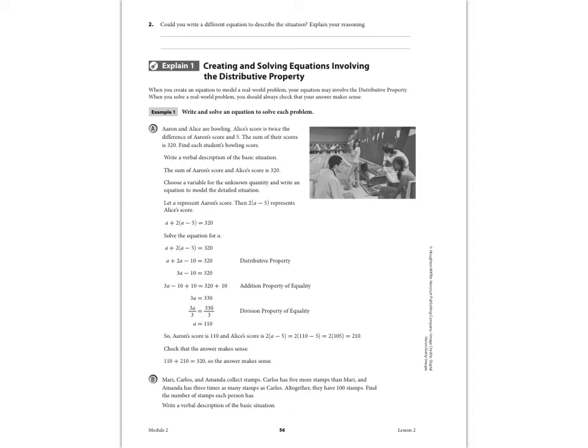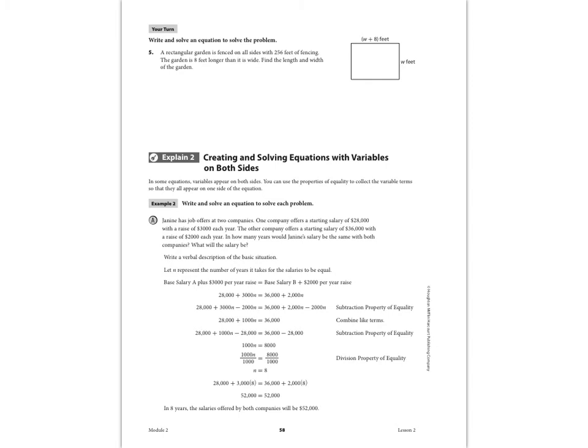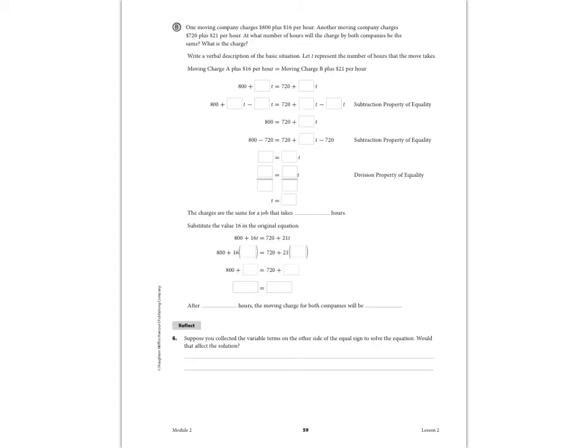So again, a good thing to do would be to look at these examples that they give you here, especially for some of the terms. We're just going to do some of the homework problems again to emphasize this. Here's a great example of when you solve where you have variables on both sides. That would be useful to you in reviewing a little bit.